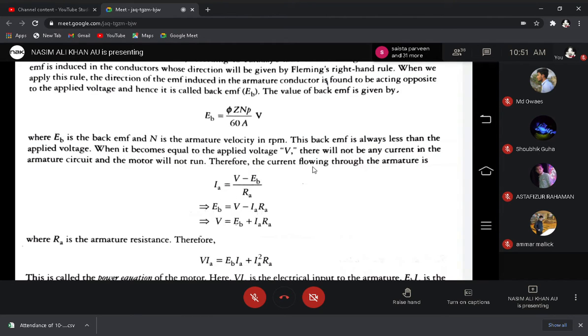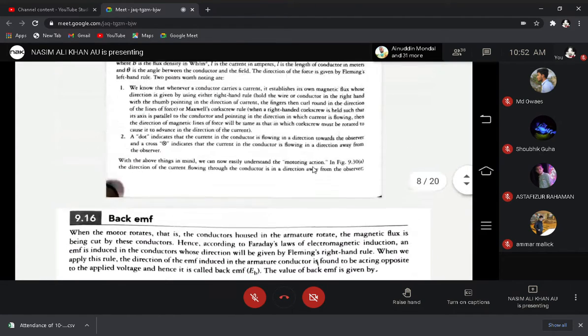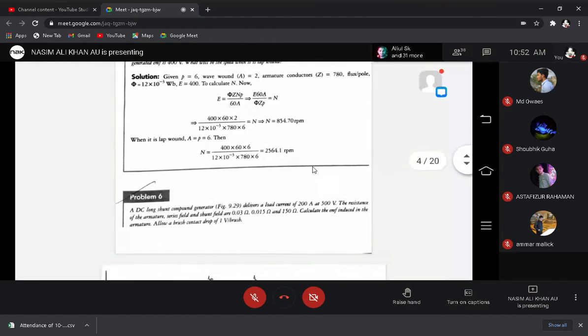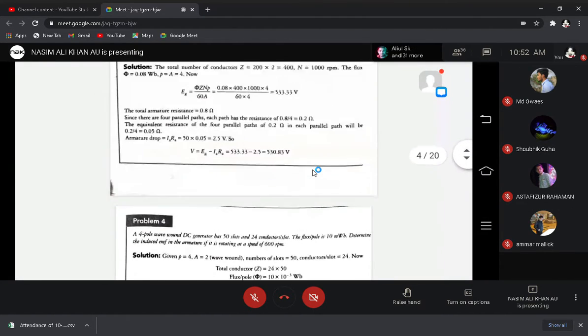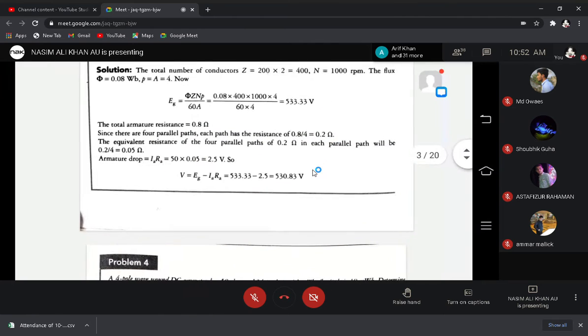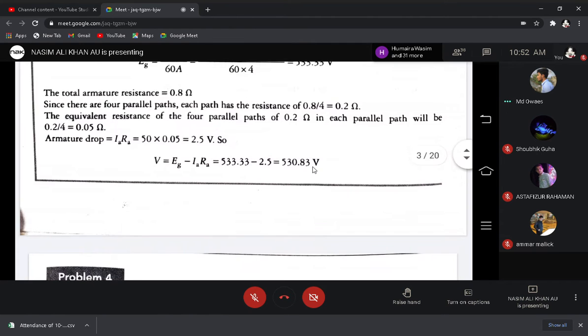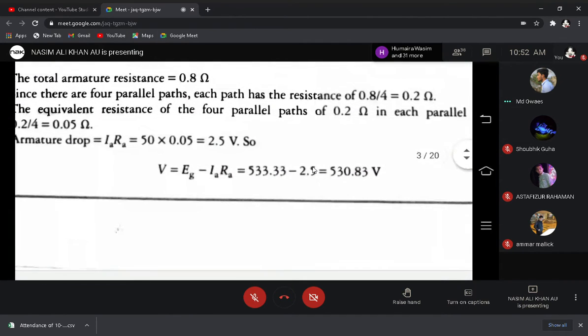Now, for the DC shunt generator we got the expression V equals EG minus IA RA.